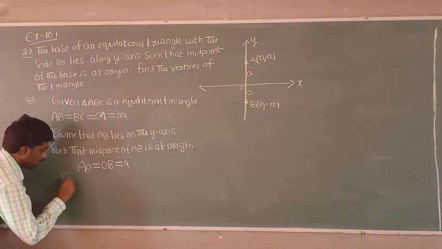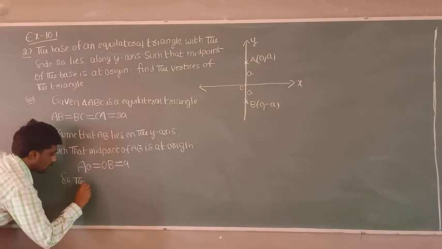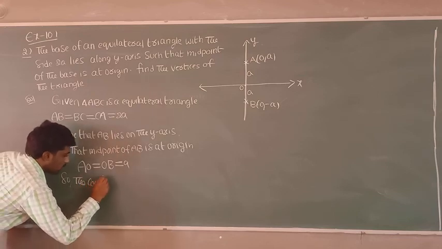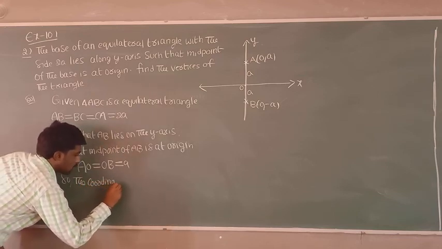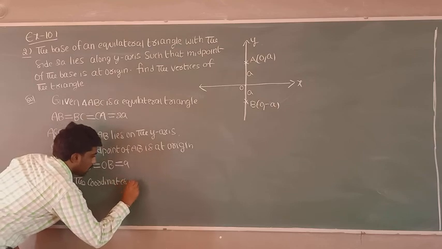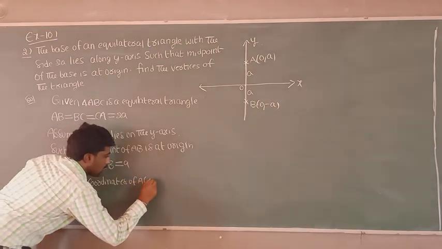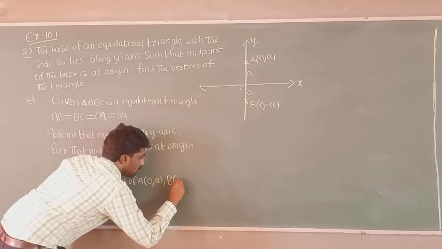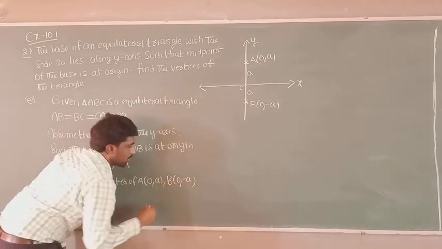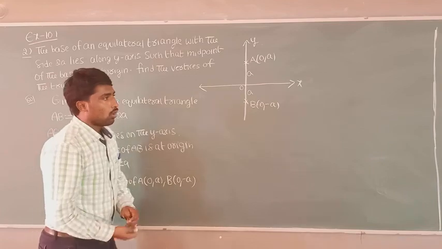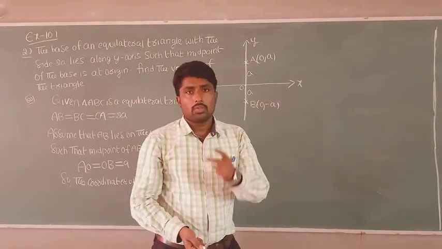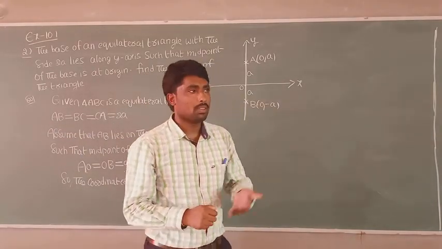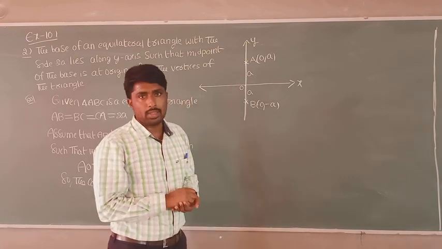You write it here. The coordinates of A is 0 comma a, and B is 0 comma minus a. Is it clear, everyone? Now if you want to form a triangle, we need 3 vertices. But here they mention equilateral triangle.